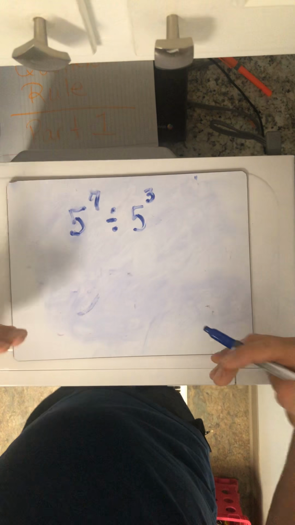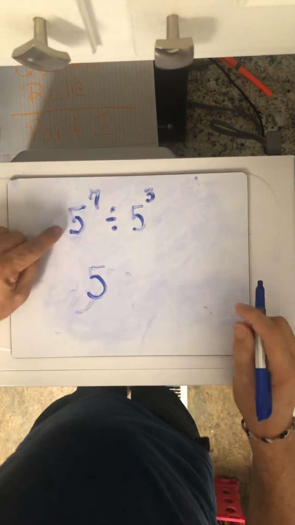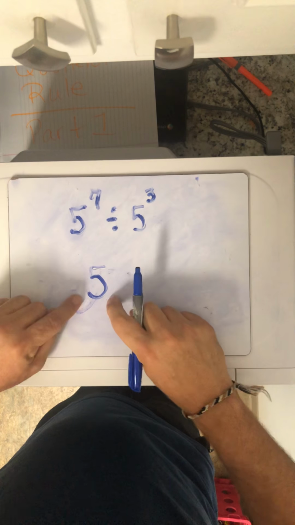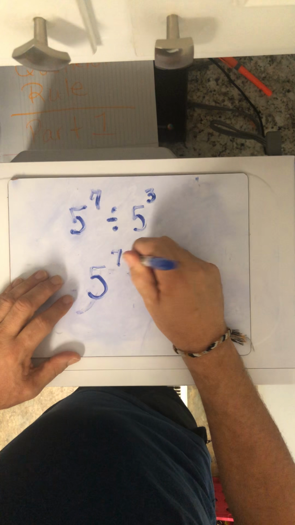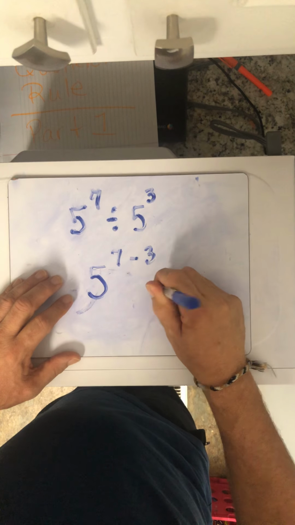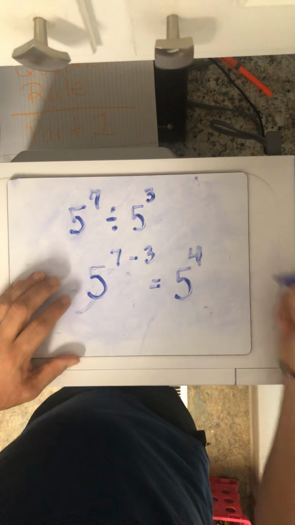Because we showed that if we were writing this over the top, all you want to do is rewrite this, because the bases are the same. So they have the same base. We're going to keep the base and subtract the exponents. That gives us 5 to the 4th.